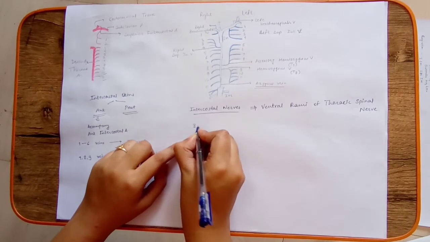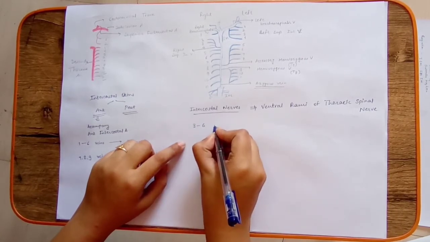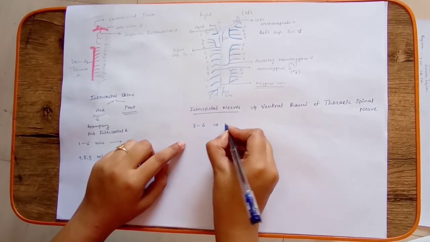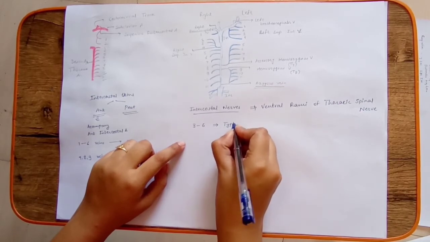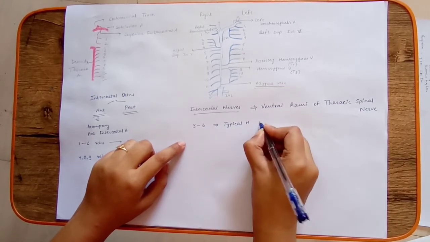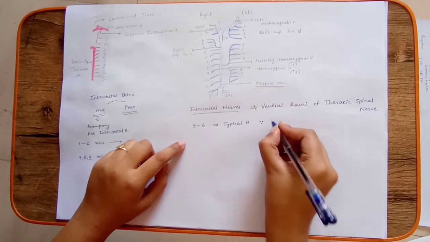The third to sixth intercostal nerves are known as typical nerves since they supply only the thorax.